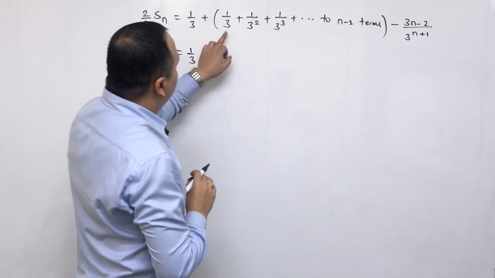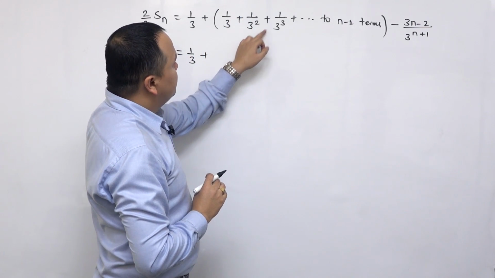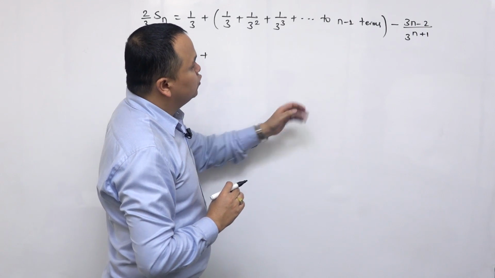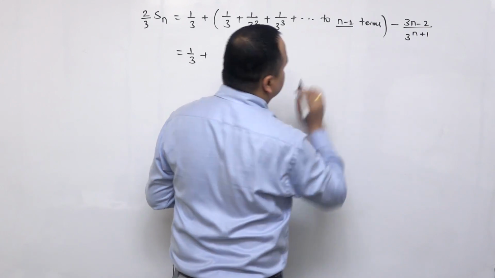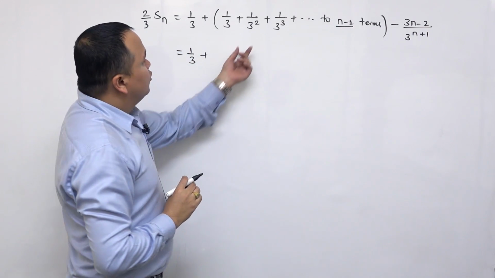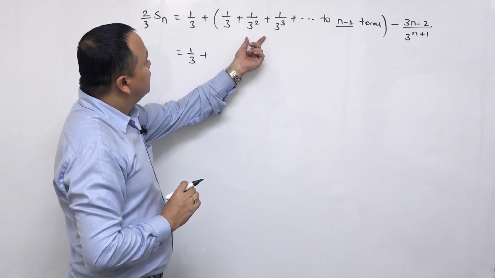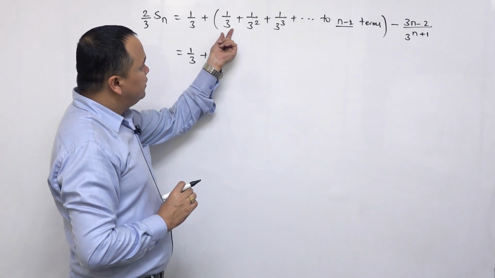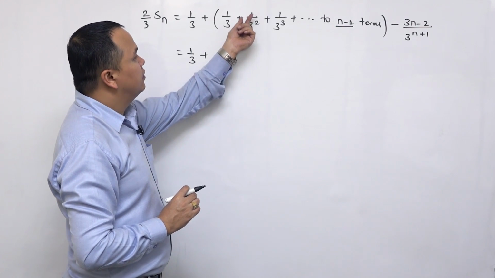Now continue, 2/3 Sn is equal to 1/3 plus here 1/3 plus 1/3 square plus 1/3 cube plus 2 n minus 1 terms, which is a GP with first term 1/3 and common ratio again 1/3.